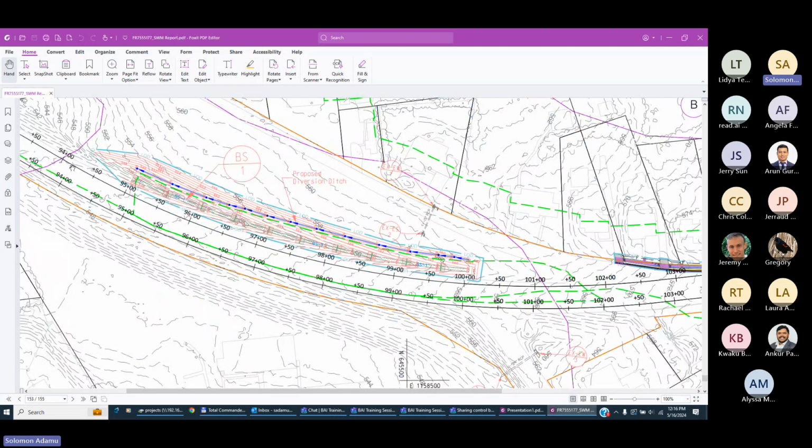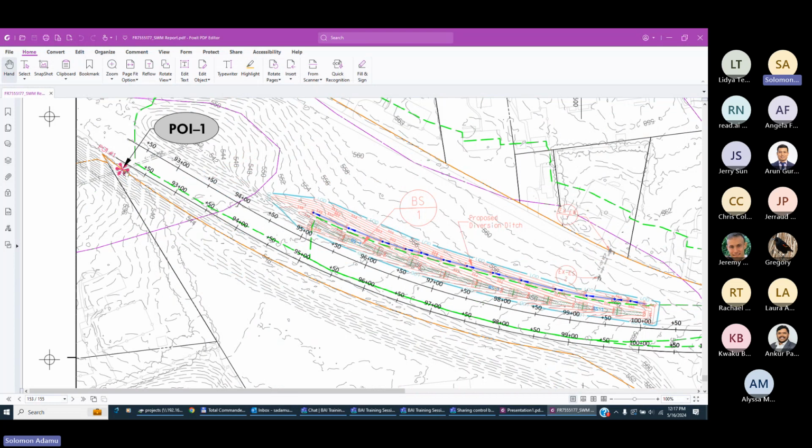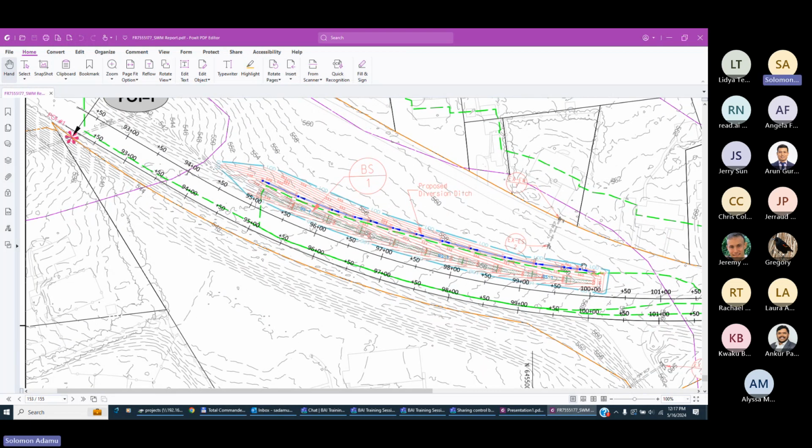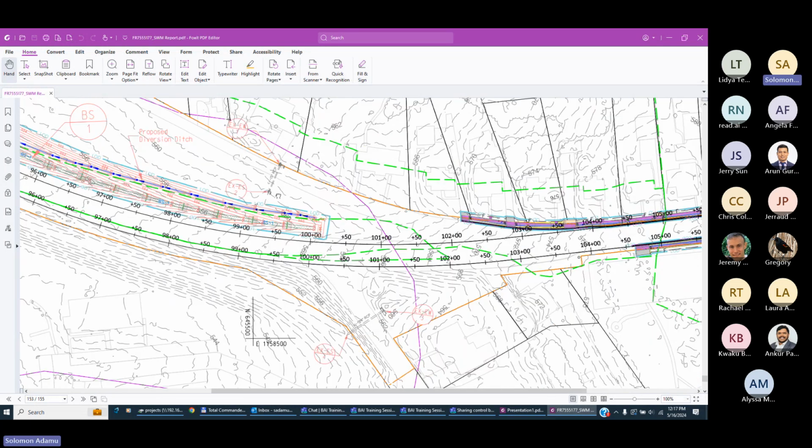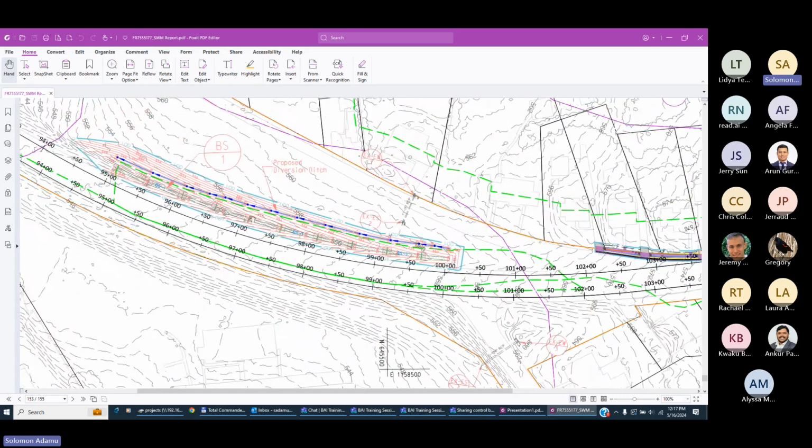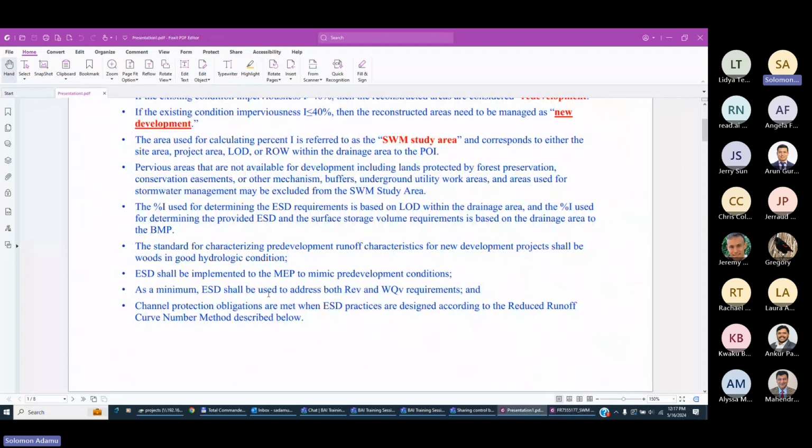for the stormwater management requirement of this POI, we're going to determine it using this LOD. And of course, the impervious area within it, not only the existing but the proposed impervious area also, is going to play a role, and that is going to tell us how much water quality volume we're going to provide. I'm going to show you how to do that.